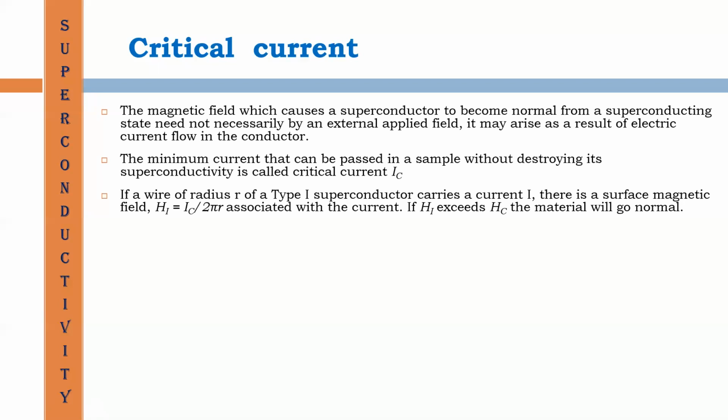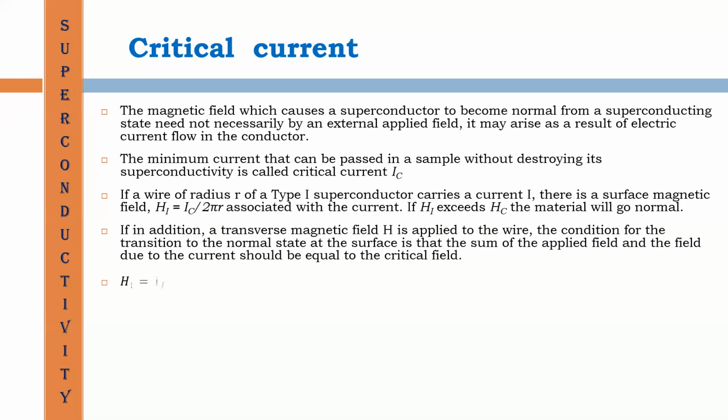The condition is that if the sum of the contribution of the applied magnetic field and the surface magnetic field exceeds the critical magnetic field, then also the superconductivity vanishes. This is the condition.